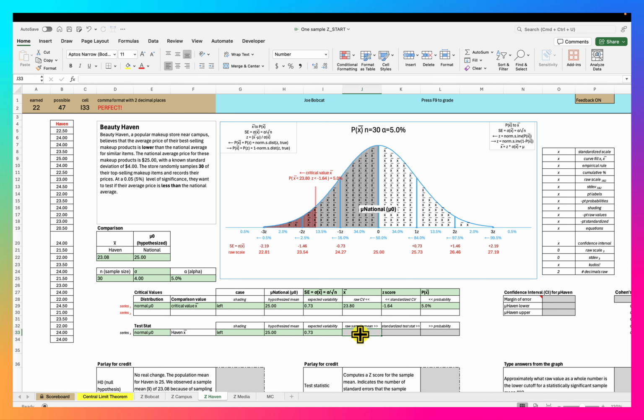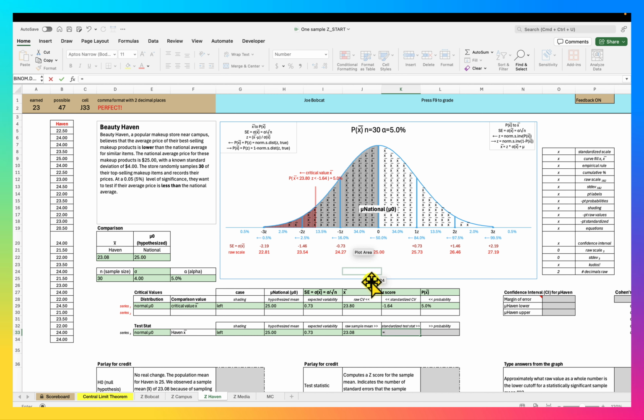All right, now we do have this sample mean because we calculated it right there. So that's why the arrows are going this way. And then the test stat, when you're going that way, x bar to p of x bar, is going to be x bar minus mu divided by the standard error.